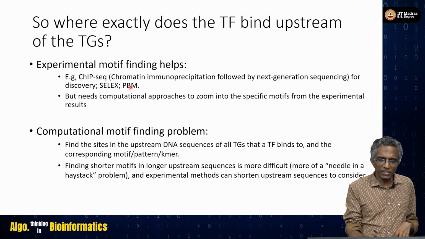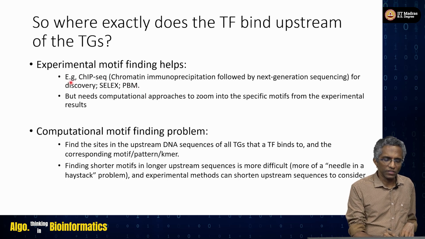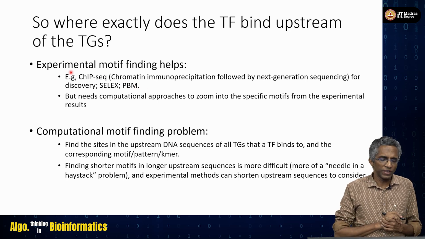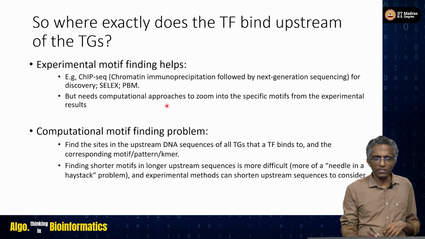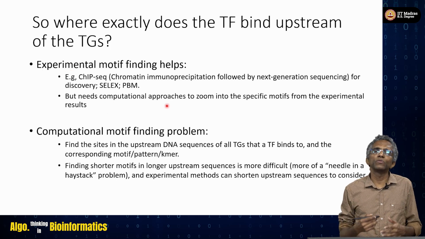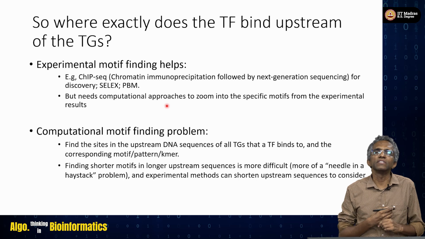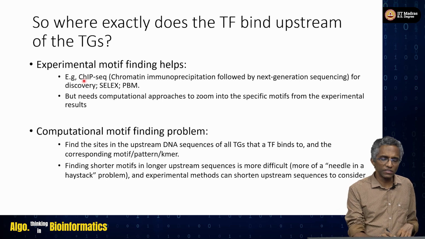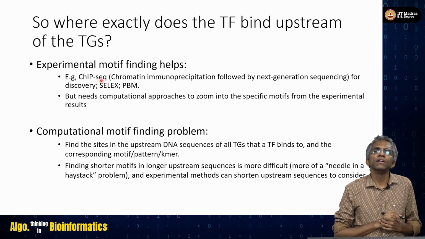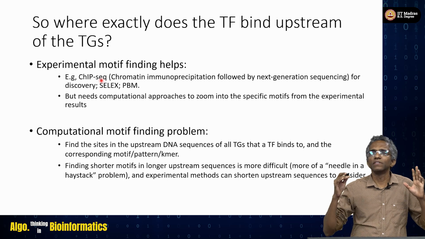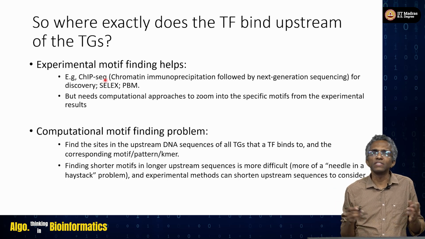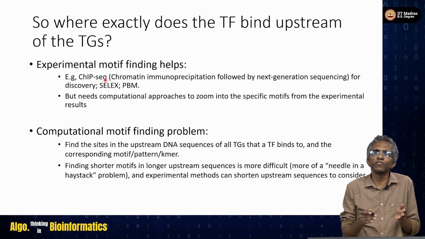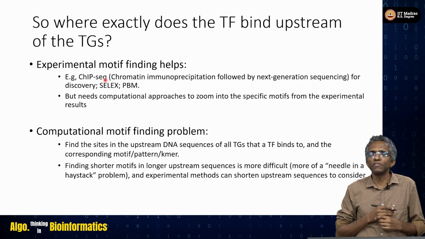Okay. But then this is still not sufficient. The experimental space is huge, okay, and it needs computational approaches to zoom into the specific motifs within the sequences that are returned by these experiments. These experiments may still return reasonable size sequences. ChIP-seq may return sequences of length 100, okay, and the motif may only be of length 15 to 20, for instance, right.